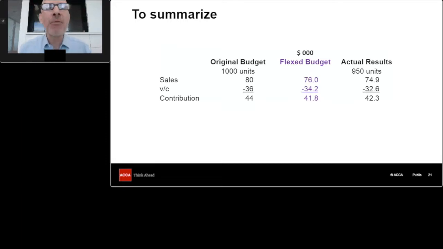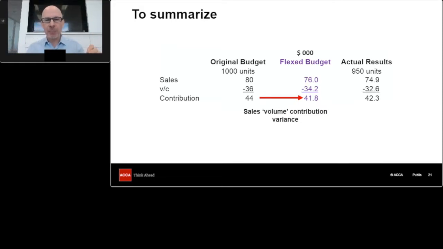And to summarize what we just looked at, we had an original budget, we had actual results lower, and first thing we always do is we compare the bottom line of the budget to the flexed. That's the only time we ever go to the original budget. And we call that a sales volume variance.